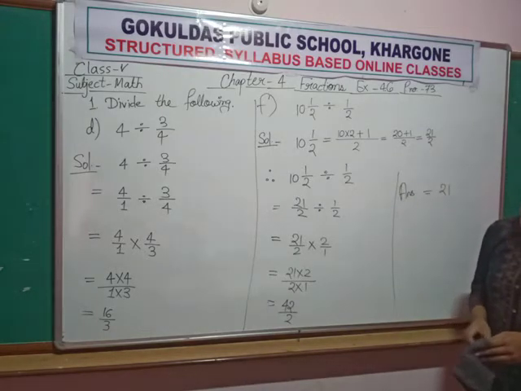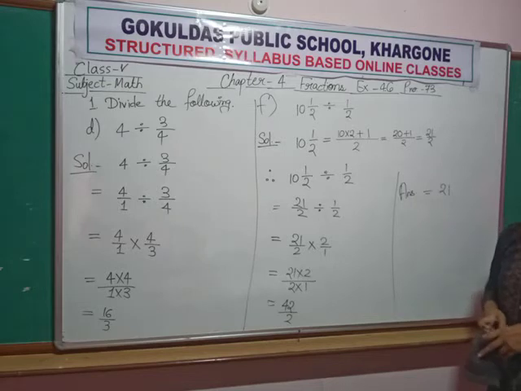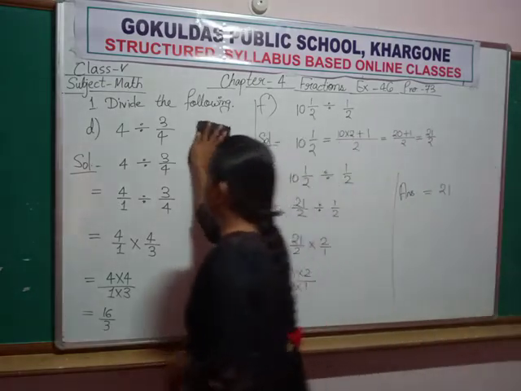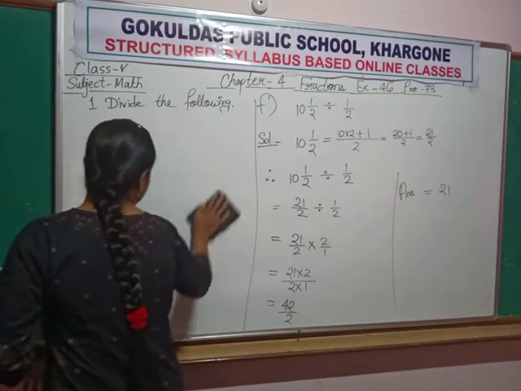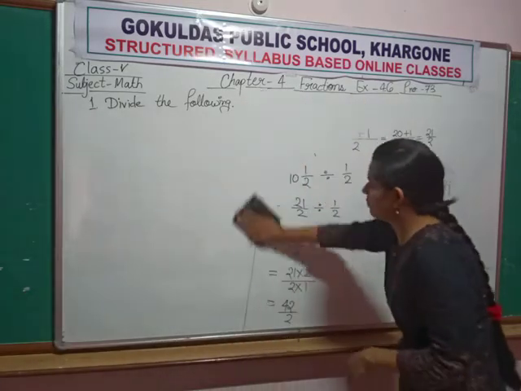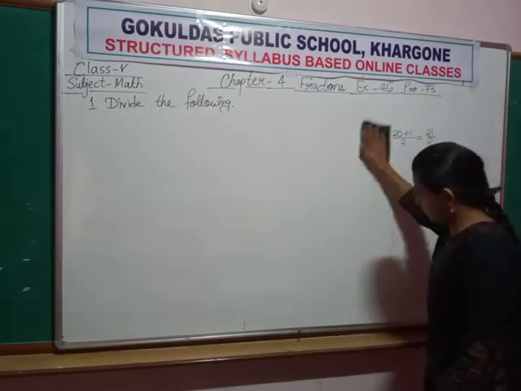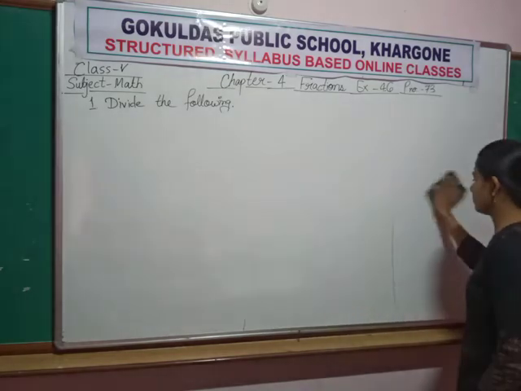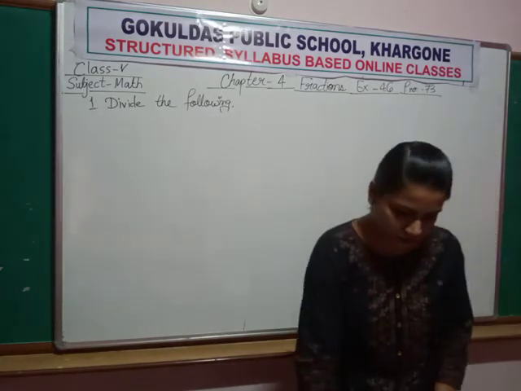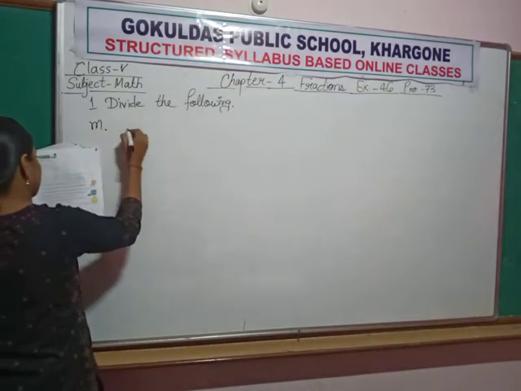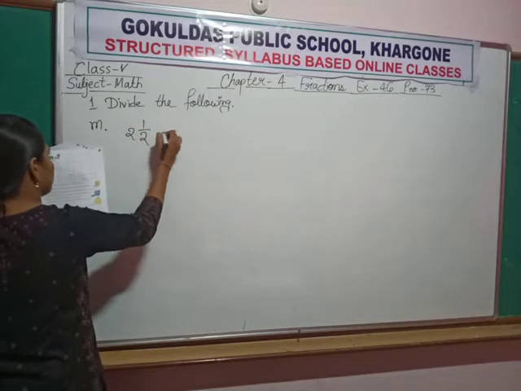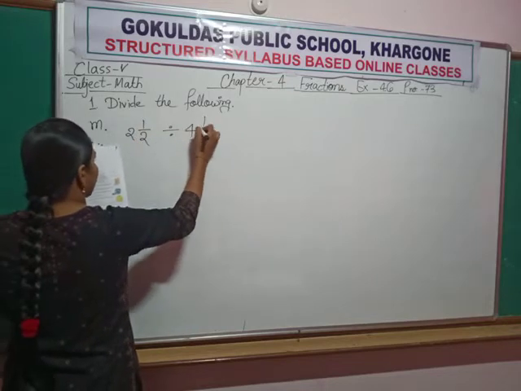Now we will solve M. Question number M. 2 and 1 upon 2 divide by 4 and 1 upon 4.